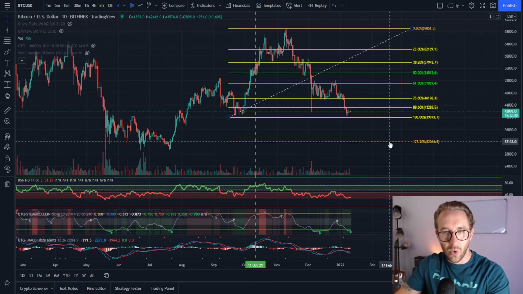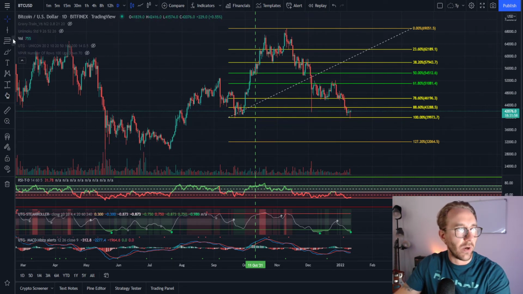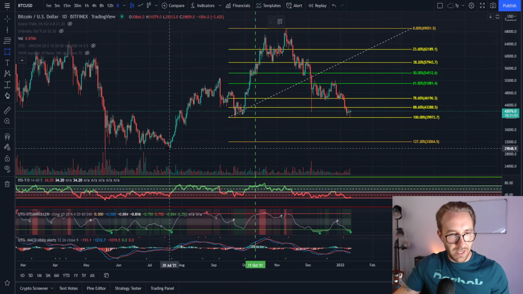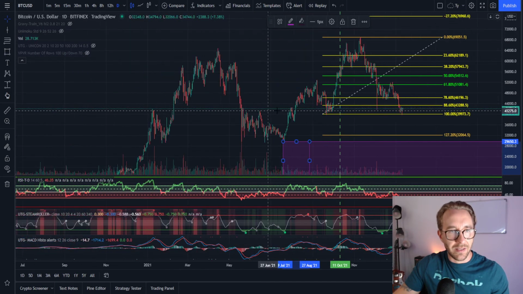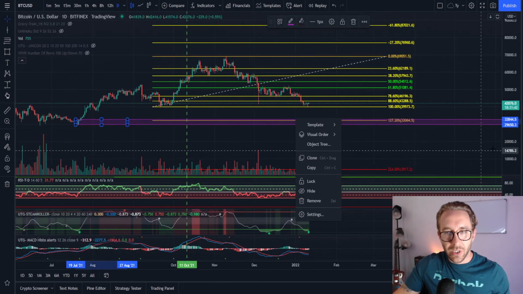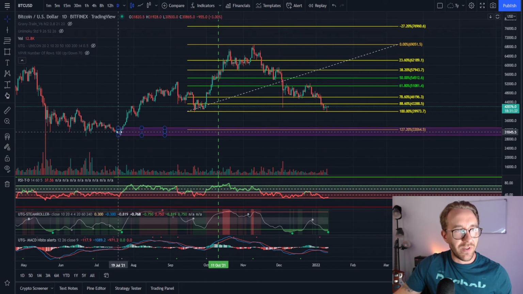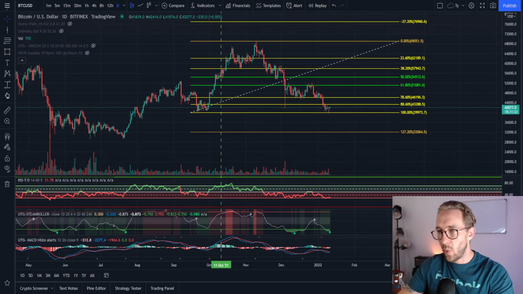We would fall back towards this 32,000 level, which is the 127 extension, which lines up not exactly with our previous low, but it certainly lines up in the right area, being this, which would be a demand zone that we would be looking at like this. So it certainly aligns well with a previous level of liquidity where we had our previous push or our demand zone. It lines up pretty well with that level as well.